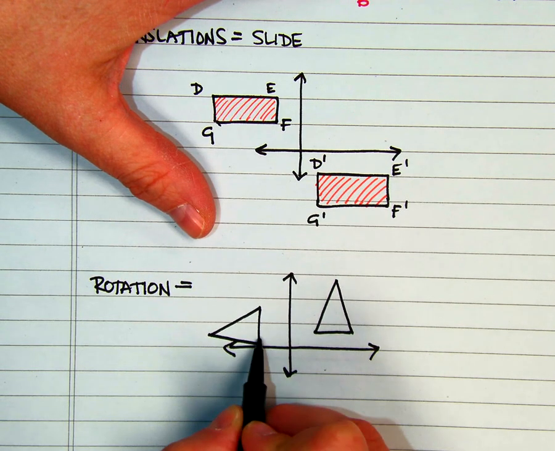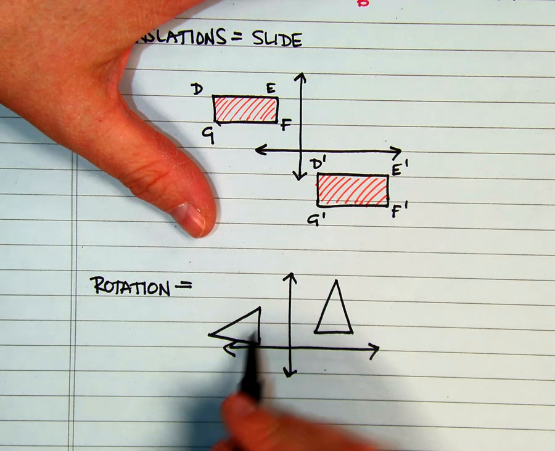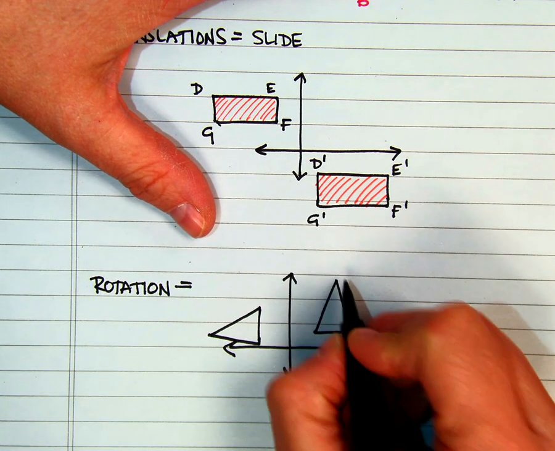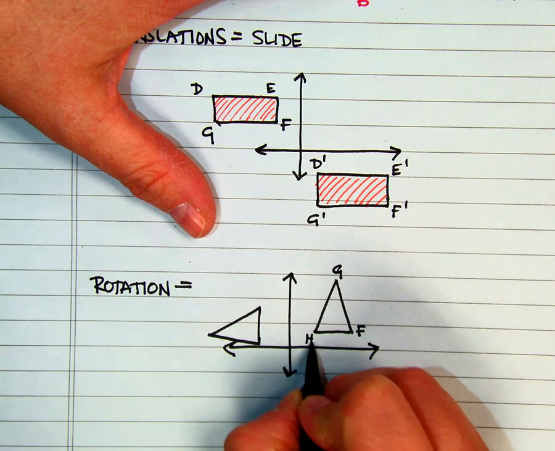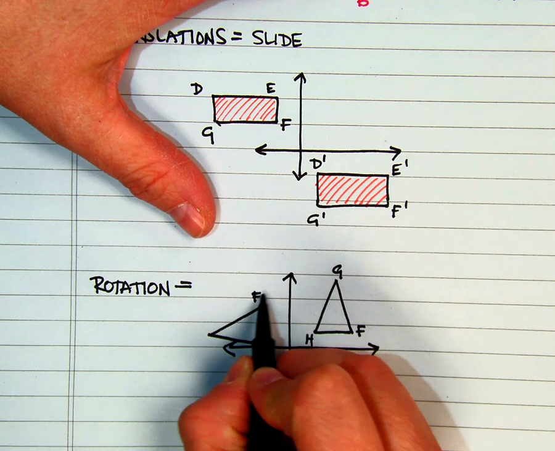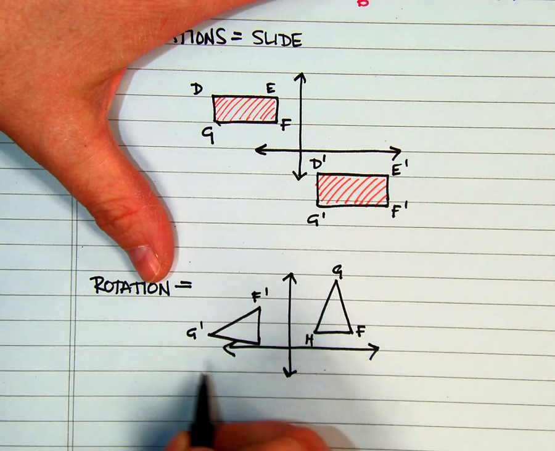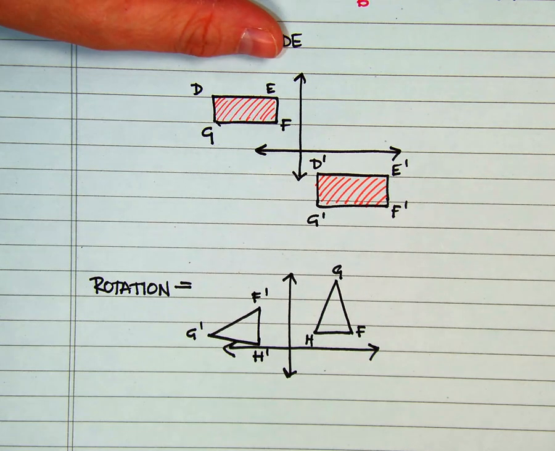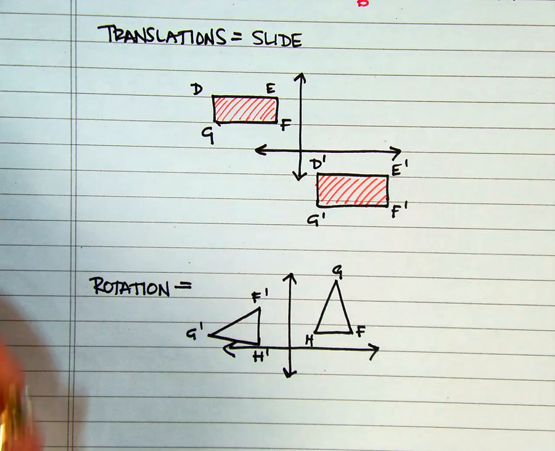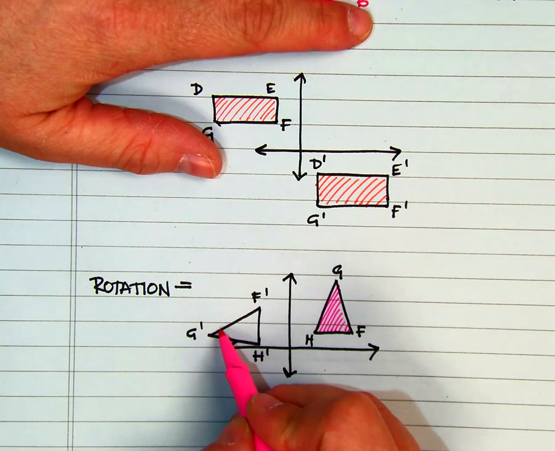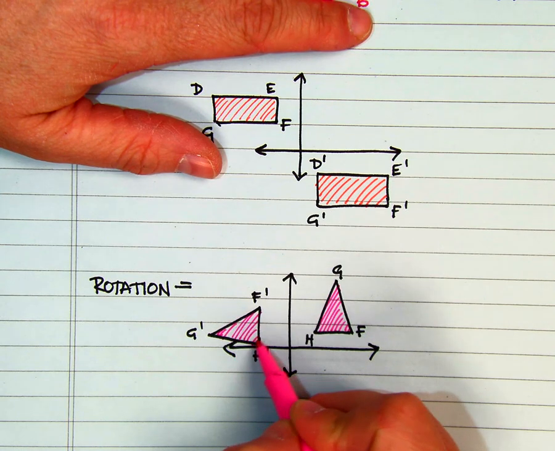We'll do more of that in a little bit, but it's going to be rotated. So if this is F, G, and H, and I rotate it 90 degrees, then this would be F prime, G prime, and down there would be H prime. And like the other figures, this shape will be congruent to this shape.